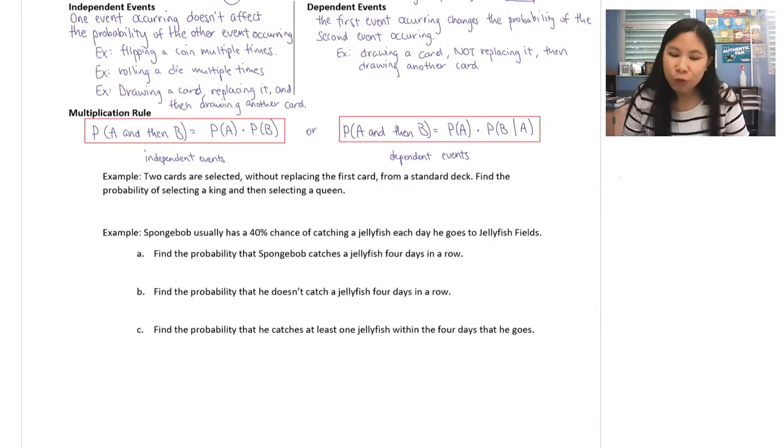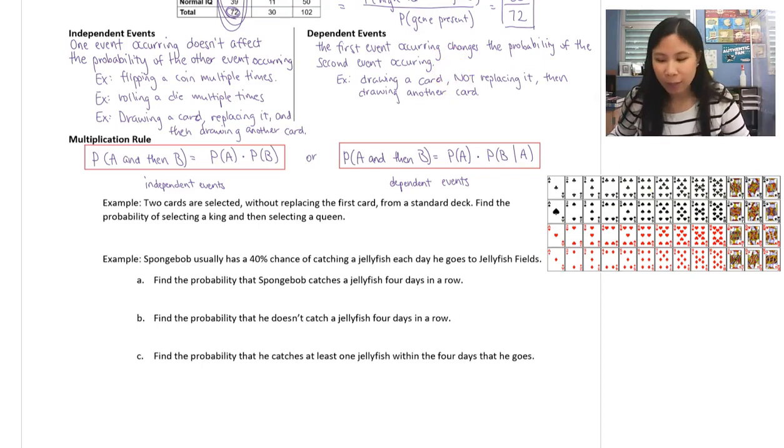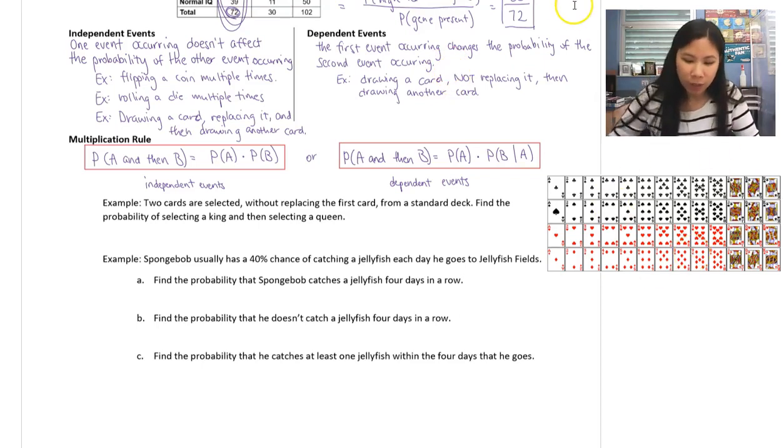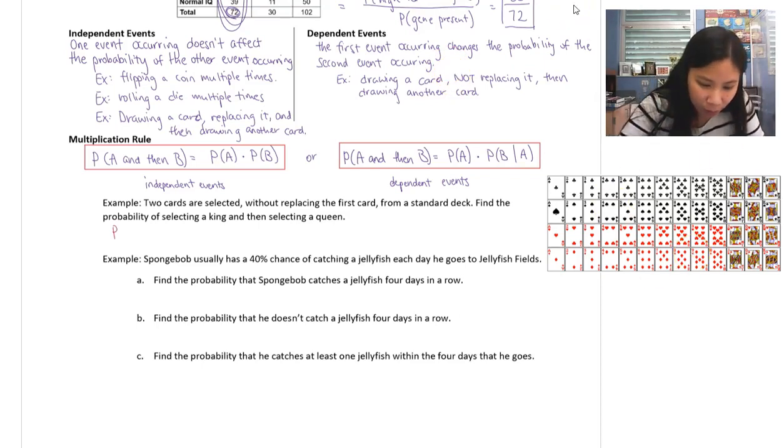So for example, two cards are selected without replacing the first card from a standard deck. Find the probability of selecting a king and then selecting a queen. Okay, so looking back at our deck of cards, we are looking for the probability of getting a king and then a queen.